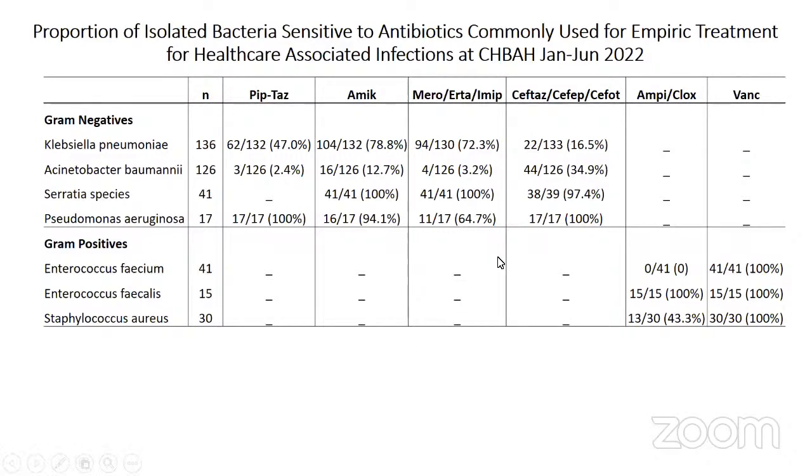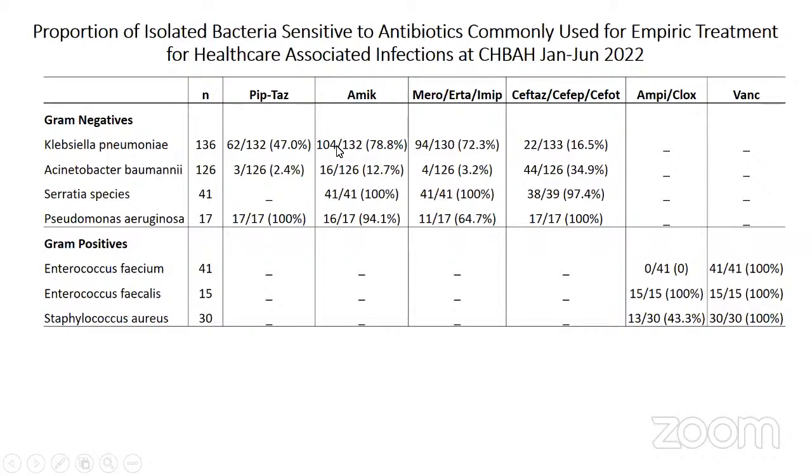Our first line is piperacillin-tazobactam, and we combine it with amikacin. For the Klebsiella pneumoniae, which are ESBLs, the amikacin has some coverage: about 79% were sensitive to amikacin, but only 47% were sensitive to piperacillin-tazobactam.